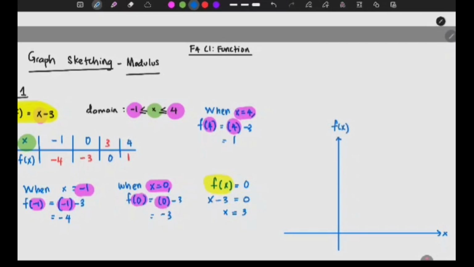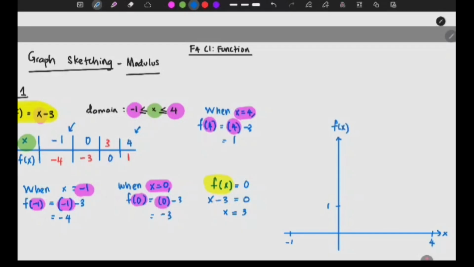And then you have to label the maximum and the minimum number on the axis. So let's look at the x. Your maximum number is 4, the highest number. So put 4 here. And the lowest number is -1. Put -1 here. What about for your f(x)? Your maximum is just 1, somewhere around here.